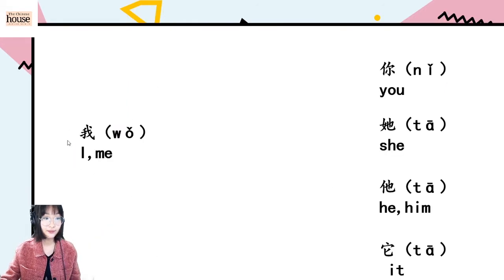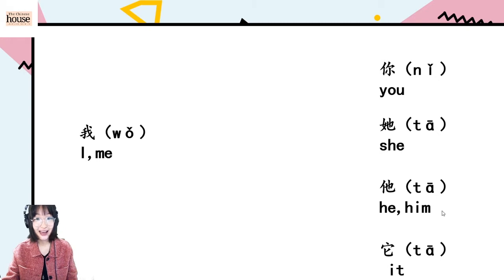And then this is I or me. 我 你 他, she, he or him.